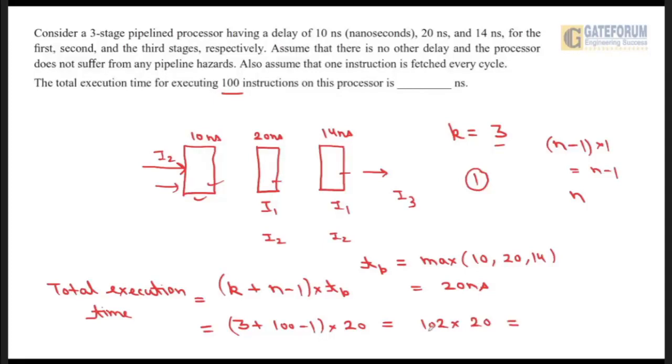What will it come out to be? It will be 2040 nanoseconds. So this will be the total time required for the execution of 100 instructions. So the answer will be 2040.